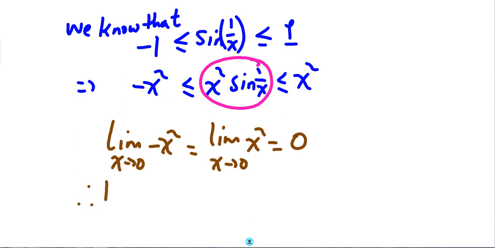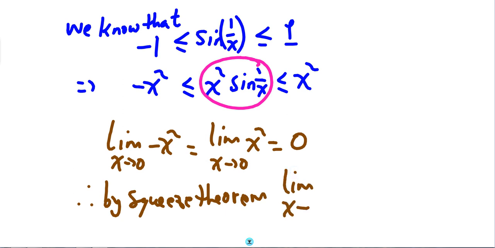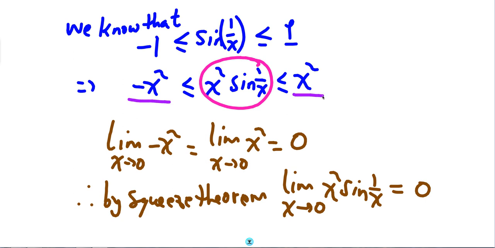Therefore, by the squeeze theorem, the limit as x approaches 0 of the middle function, x squared sine 1 over x, must also be equal to 0. Why? Because the limit of this equals the limit of that, which is 0, and this function is between those two functions.